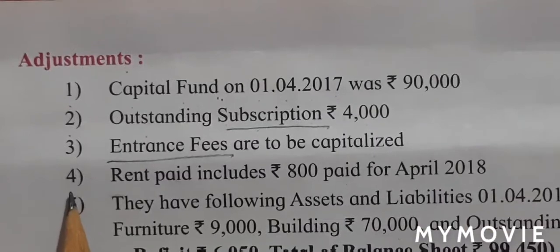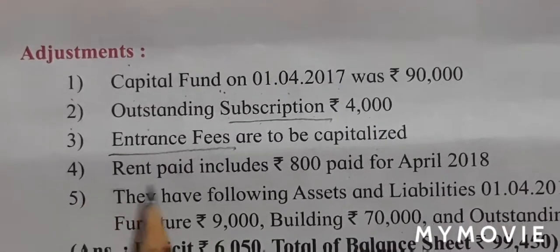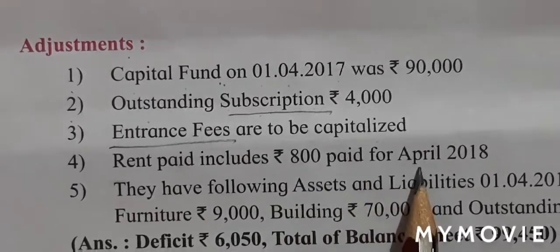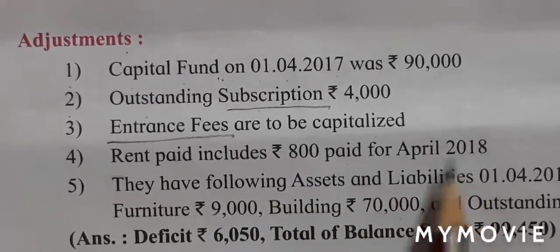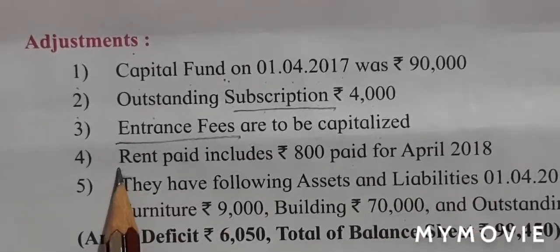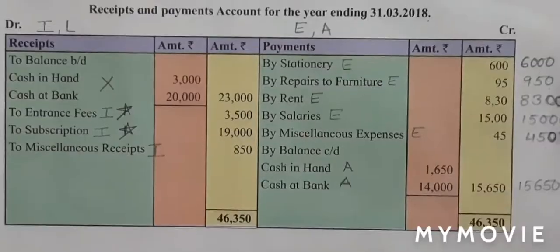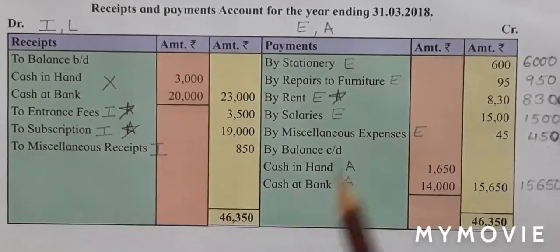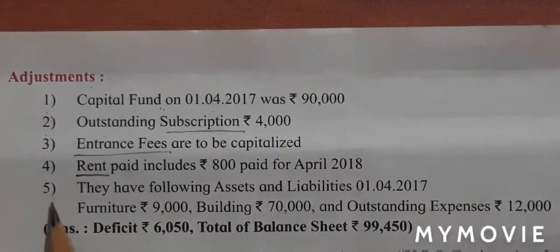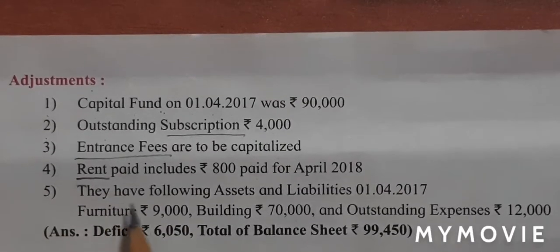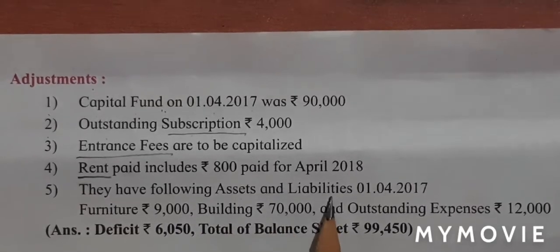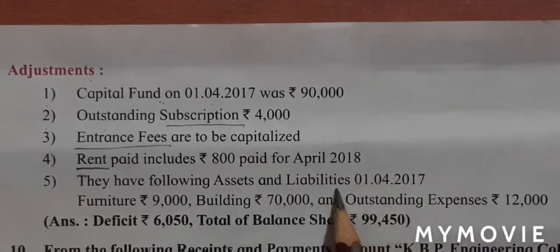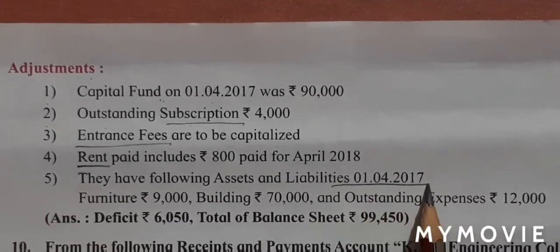Adjustment number 4. Rent paid includes rupees 800 paid for April 2018. So I have to mark a star for rent. Adjustment number 5. They have the following assets and liabilities on 1/4/2017. This is my opening balances, students.